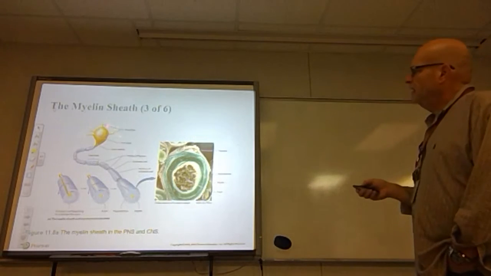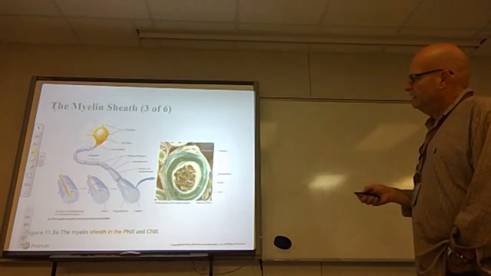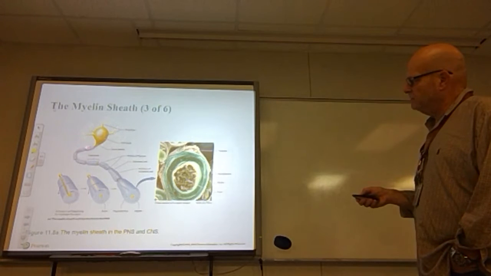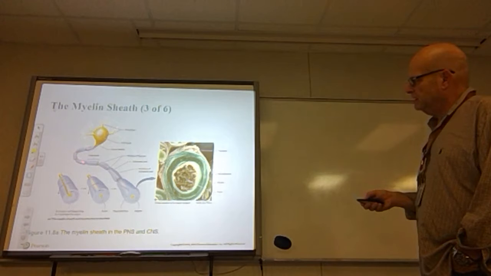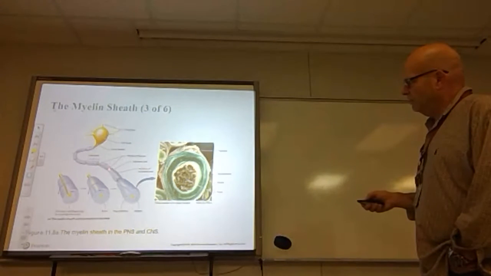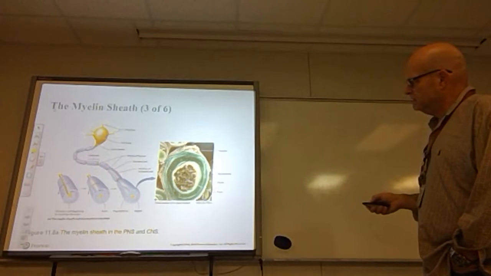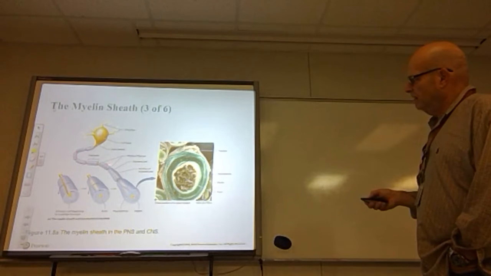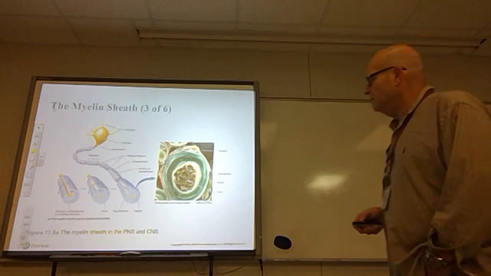And there again is the cell body. There's the myelin sheath. Each one of these little structures is a myelin sheath. The nuclei, excuse me, these are Schwann cells. So this is the peripheral nervous system. These little gaps are called the nodes of Ranvier.